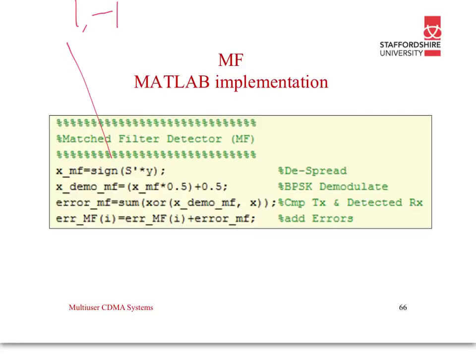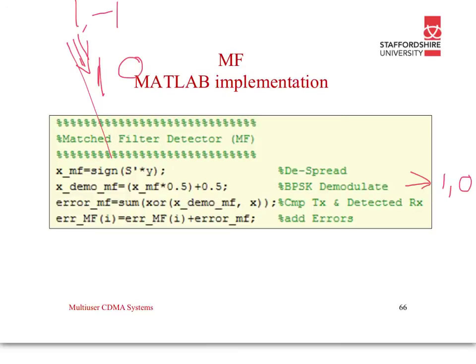So if our match filter output was a 1, times a half is a half, plus 0.5 gives a 1. If the output was a minus 1, it would be minus a half, plus 0.5, which is a 0. So basically we're converting to 1s and 0s.